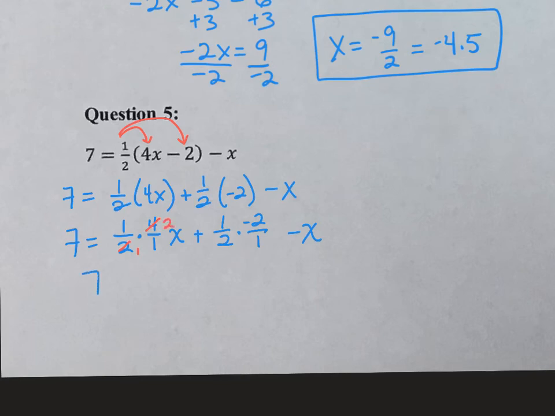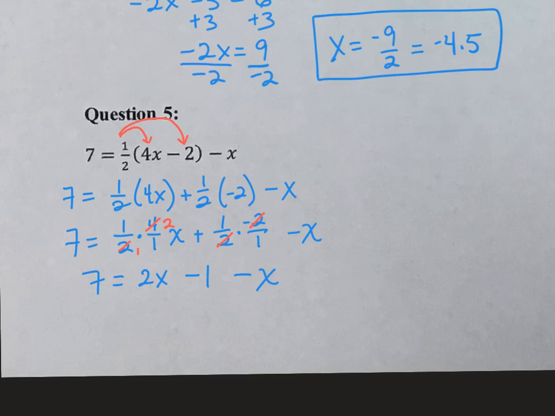So I've got 7 equals 2x plus, those 2's cancel, and I'm going to erase this here. That becomes a negative, get that? 1/2 of negative 2 over 1 is a negative 1, and then I've got this minus x over here.